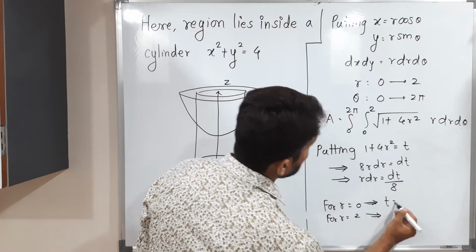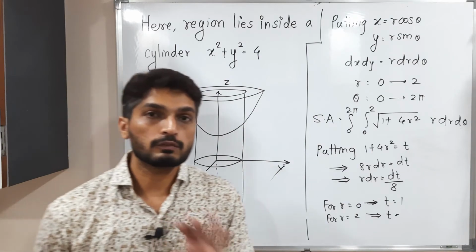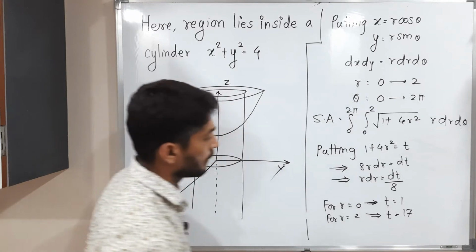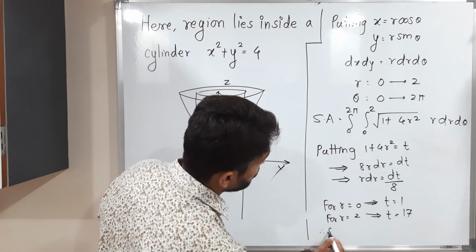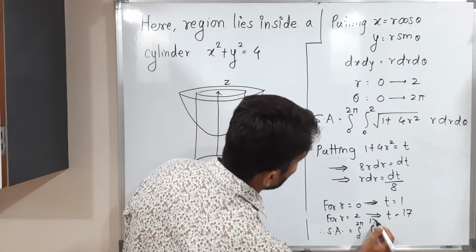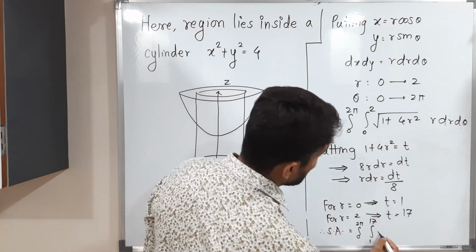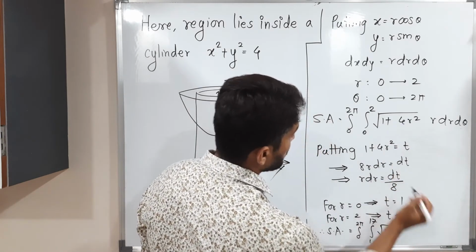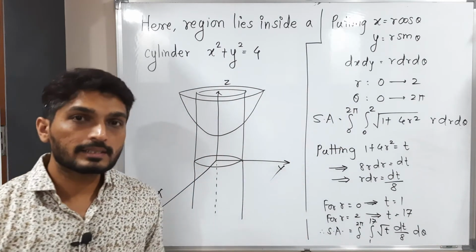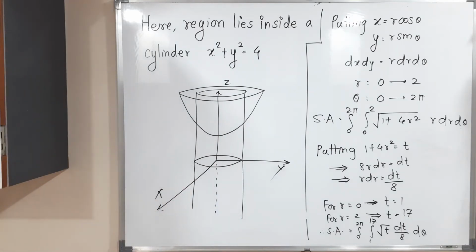If I put r = 0, t = 1, and if I put r = 2, 2² is 4, 4 times 4 is 16, plus 1 is 17, so t = 17. So the surface area is the integral from 0 to 2π, with new limits 1 to 17, of the square root of t, with r dr replaced by dt/8, and at the end dθ. Now we can easily solve this integration. Make a screenshot of it, then we will go further.